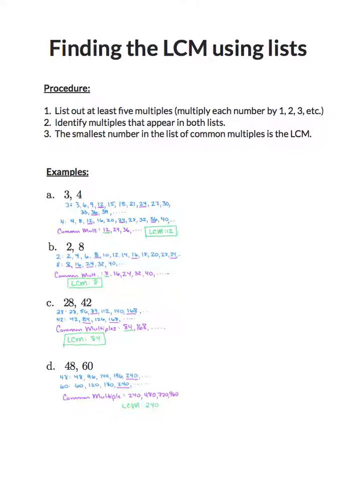Now, one thing to note is once you have your least common multiple, anything times that number will be a common multiple for the original numbers. Notice that in example A, for instance, we had a least common multiple of 12. Well, if you multiply 12 times 2, you get 24, which is on our list. If you multiply 12 times 3, you get 36, which is on our list. Similarly for the other examples.